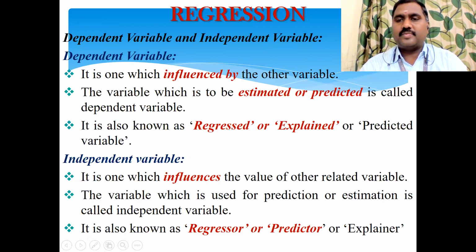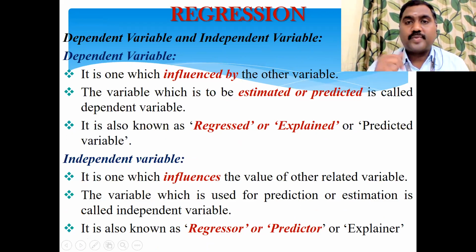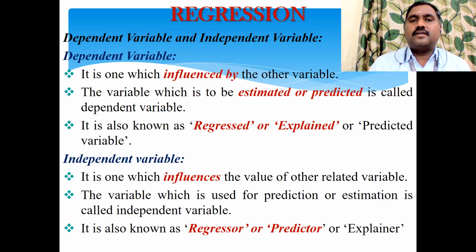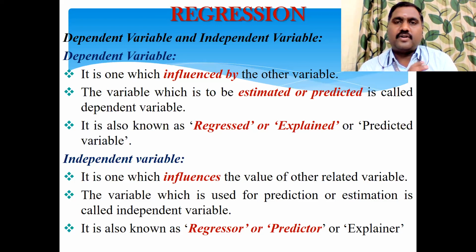Now, dependent and independent variable. You can ask, sir, what is a dependent variable? A dependent variable is a variable which is influenced by others. For example, your end semester marks depend upon the time you take for preparation, and upon your subject content. If you are good in some subjects, you will show interest, and if you are not good in a subject, you will not show interest.